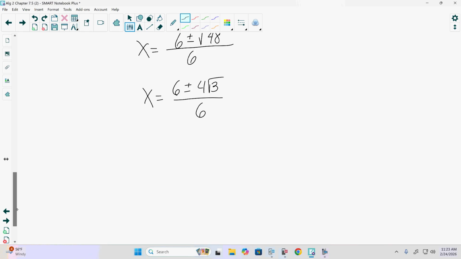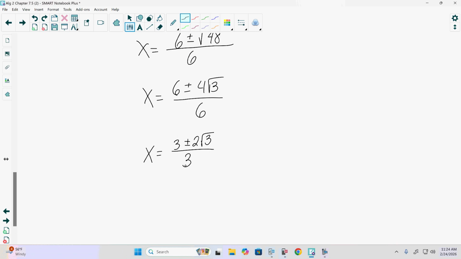So 6, 6, and 4 are all divisible by what? Since all three spots, the top two and the bottom, have a divisibility of 2, we can divide that out. The top 6 divided by 2 is 3, plus or minus 2 square roots of 3, over 3. Now the 3 inside the radical and the 3 on bottom do have a common factor of 3, but because the 2 is outside the radical, we don't care what's inside.